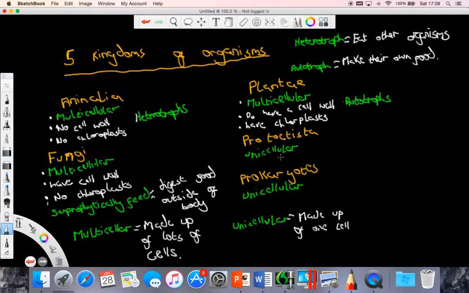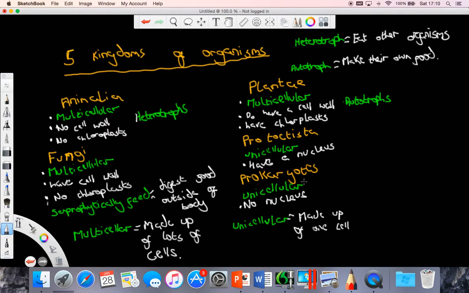So these are both unicellular, whereas protoctista have a nucleus in their cells, whereas prokaryotes have no nucleus.